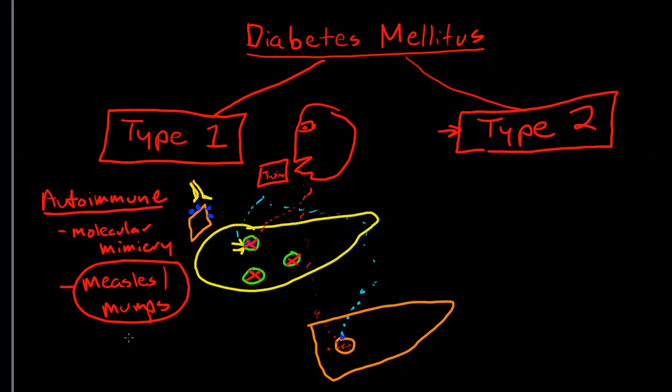But in any case, whatever the cause, the immune system attacks the beta cells in the pancreas and one by one destroys them over a period of weeks to months. And then the patient will lose all of his or her insulin producing capacity. So type 1 diabetes is defined by loss of insulin production.